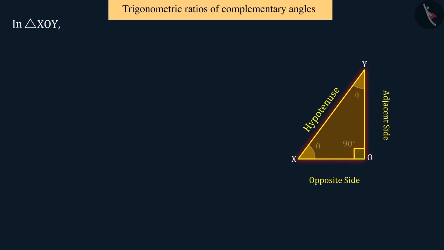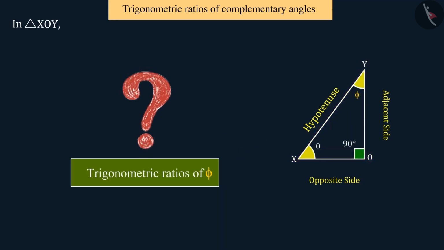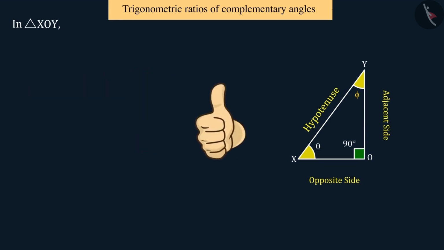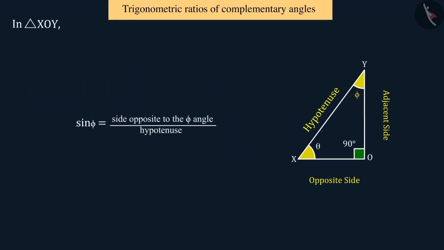So now, can you find the trigonometric ratios of the angle phi in the triangle XOY? Well done! The value of sin phi will be equal to the ratio of the opposite side of angle phi and the hypotenuse, where the opposite side is XO and the hypotenuse is XY.